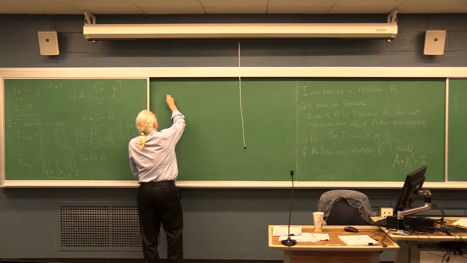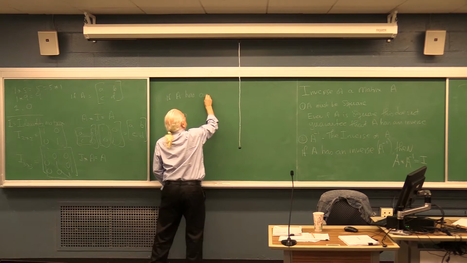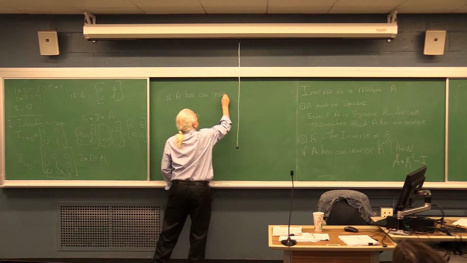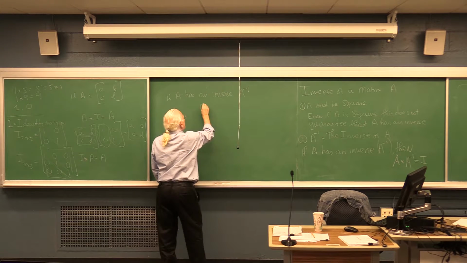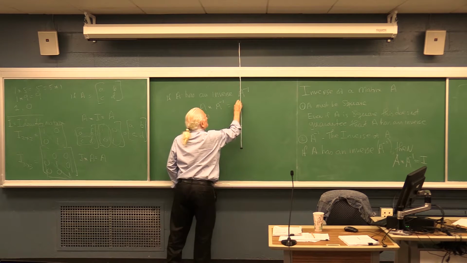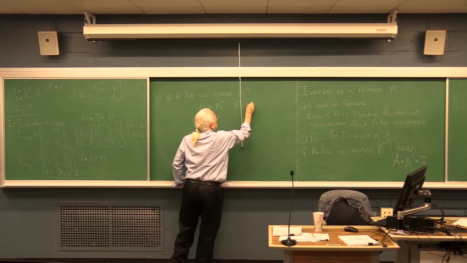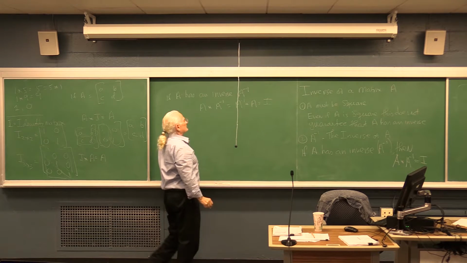And if A has an inverse, A times the inverse equals the inverse times A, and they're both equal to the identity matrix.